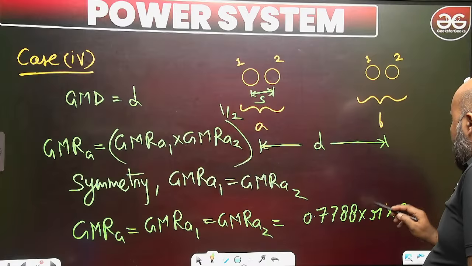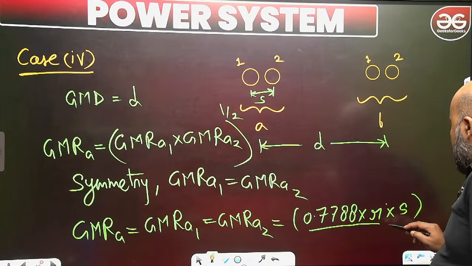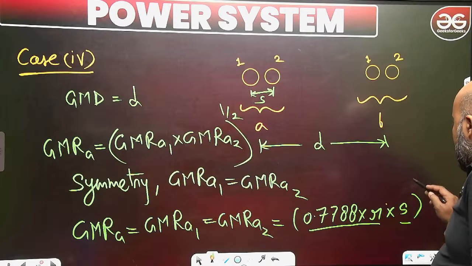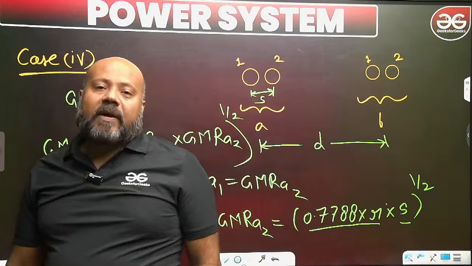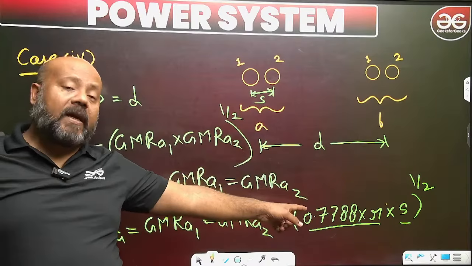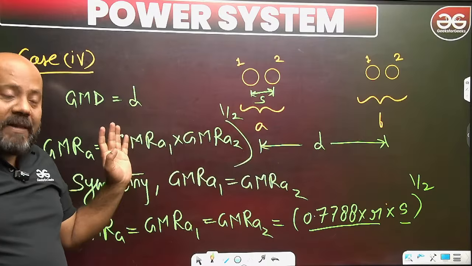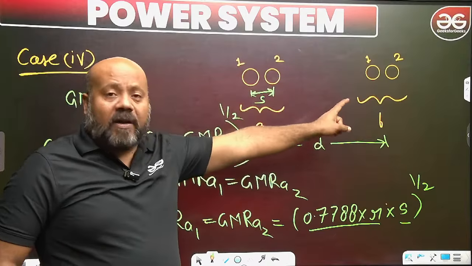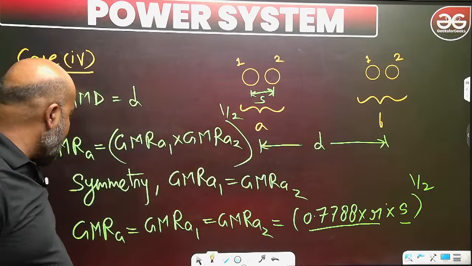So small s is also going to come here. And you have to take the effective root. This is one distance, this is another distance, two distances. You need one distance. What is the required root? It is 1 by 2. Are you getting this? This step everybody is getting, how to write GMR for bundled conductors. Similarly, you can write the GMR for the B conductor also. I hope it is clear.